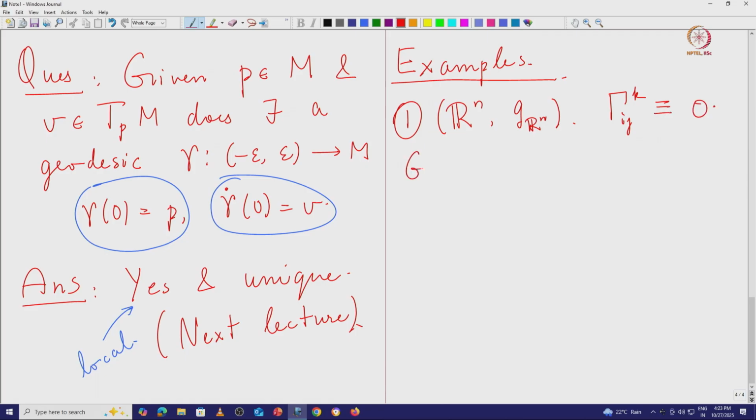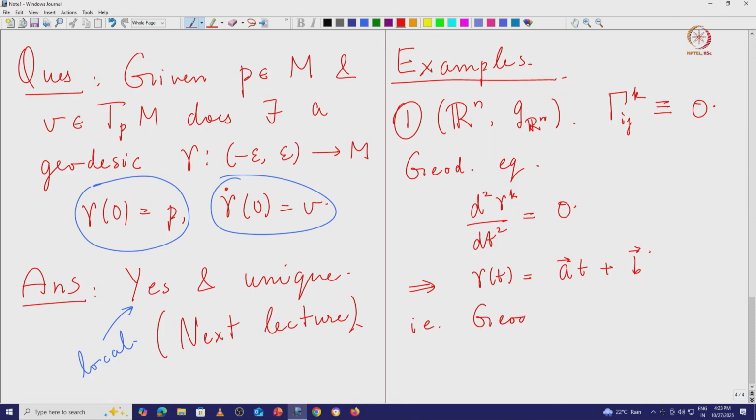So the geodesic equation is basically then just equivalent to the second derivative of gamma being 0, which means that one can easily solve this ODE and you get basically linear paths, right. So all geodesics in R^n are straight lines. Okay, right. So this was simple enough.